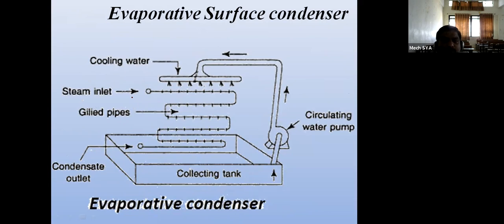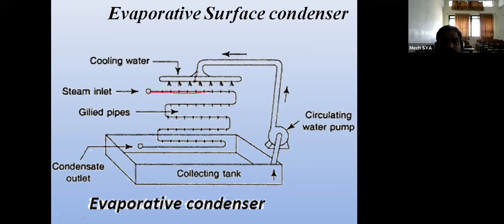And in this case, up till now the steam was flowing around the tubes and water was flowing inside the tube. But here it is a different case. Here it is opposite to that. The steam is entering through the tubes.